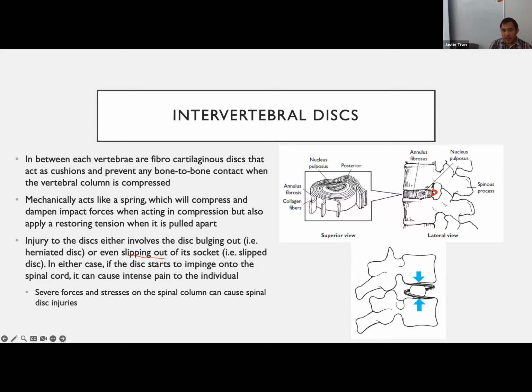Once this disc starts to bulge out, remember, what's inside this cavity right here is your spinal cord, which is basically a gigantic bundle of nerves in your body. If you know anything about nerves, they really don't like to be touched in a way they're not comfortable with. If the spinal cord feels the disc impinging on it, it sends a really big danger signal to your brain that something's not right.